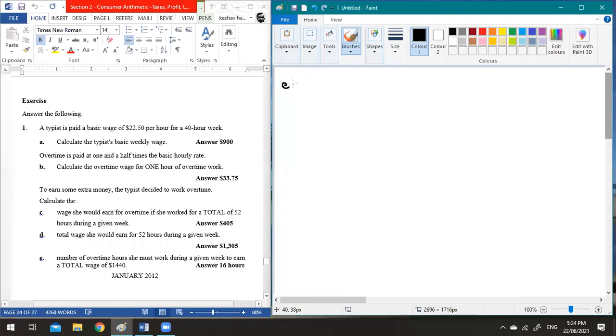Right, so let's say example 2, question 1. A typist is paid a basic wage of $22.50 per hour for a 40-hour work week. Calculate the typist's basic wage. So what they give us is the basic rate, which is $22.50, and they give us the basic time, which is 40 hours.